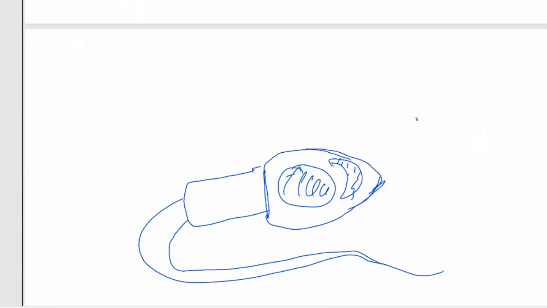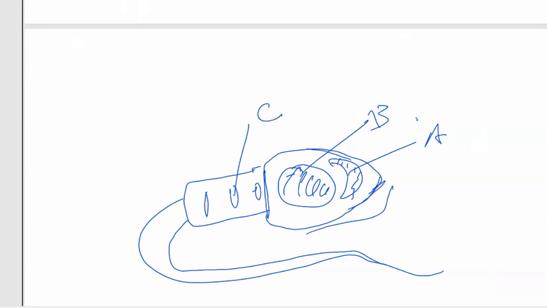It has A, B. Inside here, there's some mitochondria, C. Now it has this part, D. It has this part, F, and then it has this part, G. Sandioni, what is A?